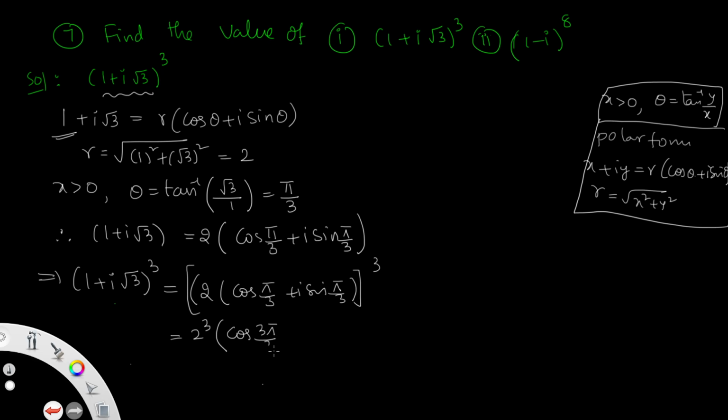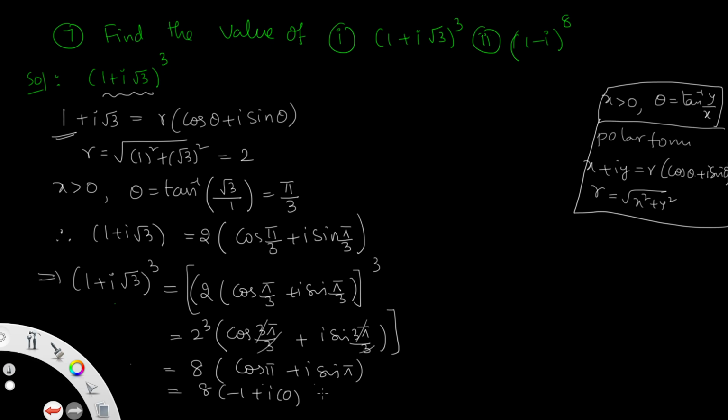As per De Moivre's formula, (cos theta plus i sin theta) whole to the power of n is cos n theta plus i sin n theta. Then 2 cube is 8, cos pi plus i sin pi. Cos pi is minus 1, plus i into sin pi, which is 0. Then lastly you get the answer, minus 8. This is the question number 1 answer.